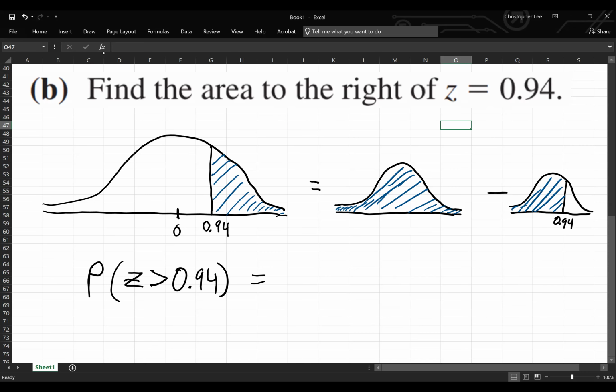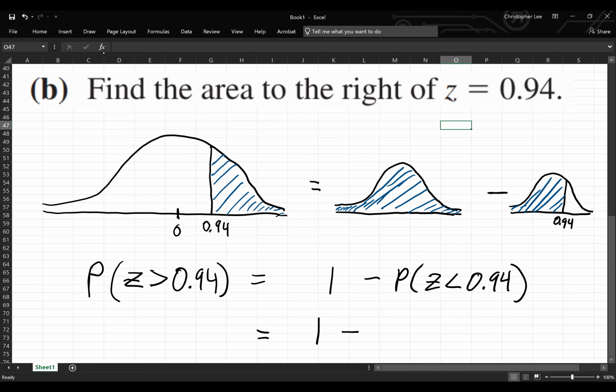So I'm gonna take the whole thing, let me just call it one, one minus the probability of z less than 0.94. That's what I'm working it out to be.